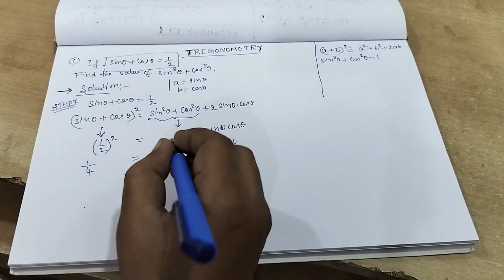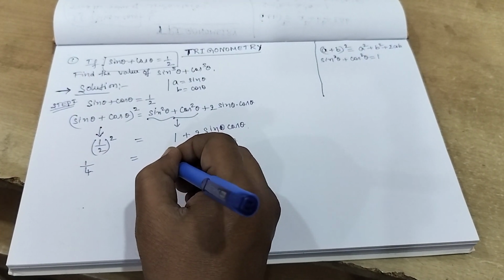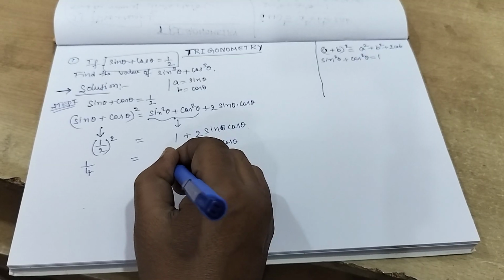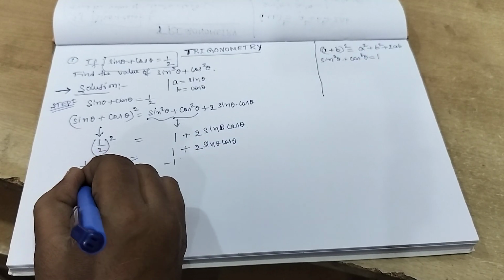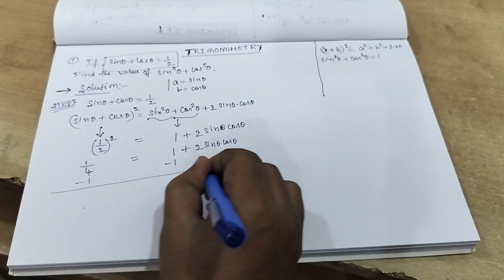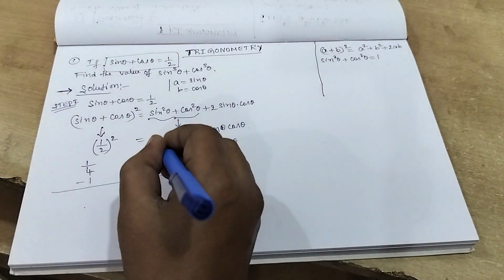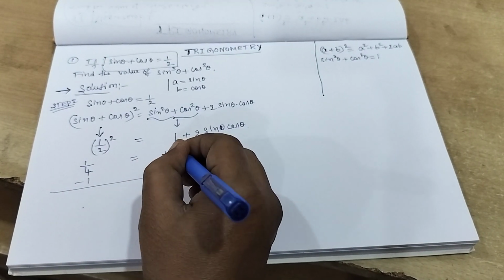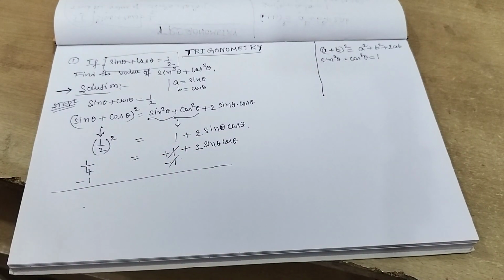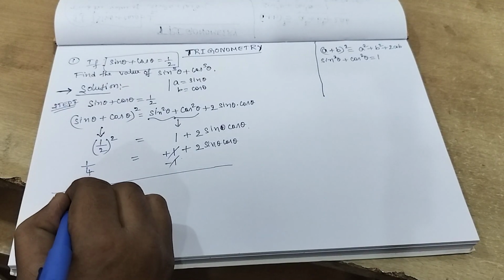After that I am going to take negative 1 on both sides, so plus 1 and minus 1 get cancelled. So I'm transposing the term.